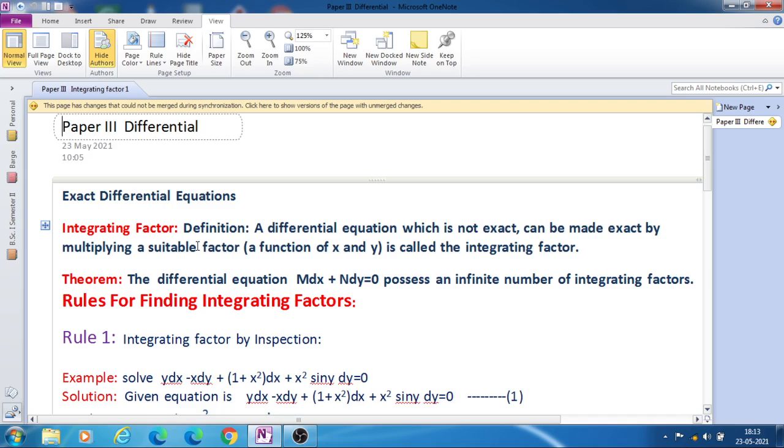So here, if the given equation is not an exact differential equation, then we can make it exact by multiplying that equation by some suitable factor, that means some function of x and y, so that the equation becomes an exact differential equation. That factor is called the integrating factor.